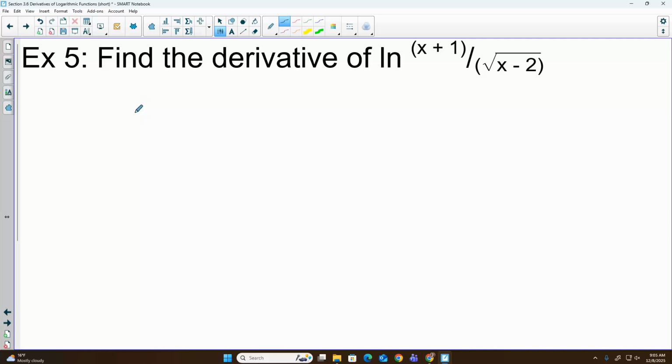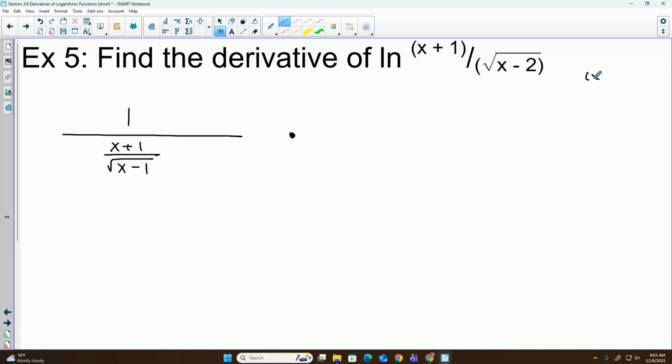Take all that over... 1 over all of that, yes. 1 over the argument. Okay. It's a natural log, so I don't have to throw in anything else, but we do have to do chain rule here. Derivative of the inside.